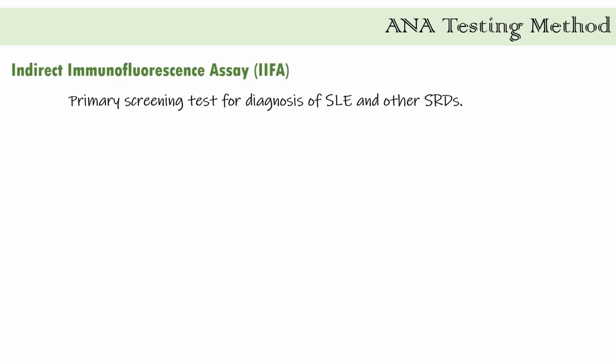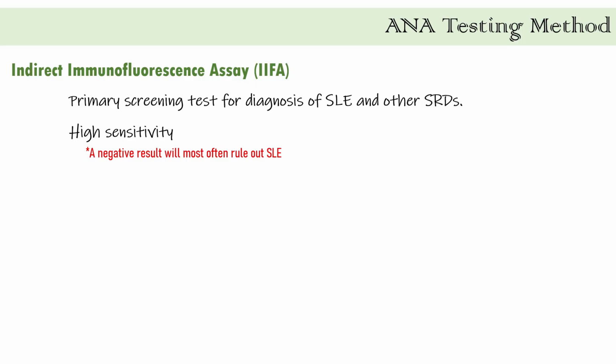Though there are different methods for ANA testing, we'll only be focused on the most widely used method, which is the indirect immunofluorescence assay. This is primarily used as a screening test for the diagnosis of SLE and other systemic rheumatic diseases, and that is because of the test's high sensitivity.